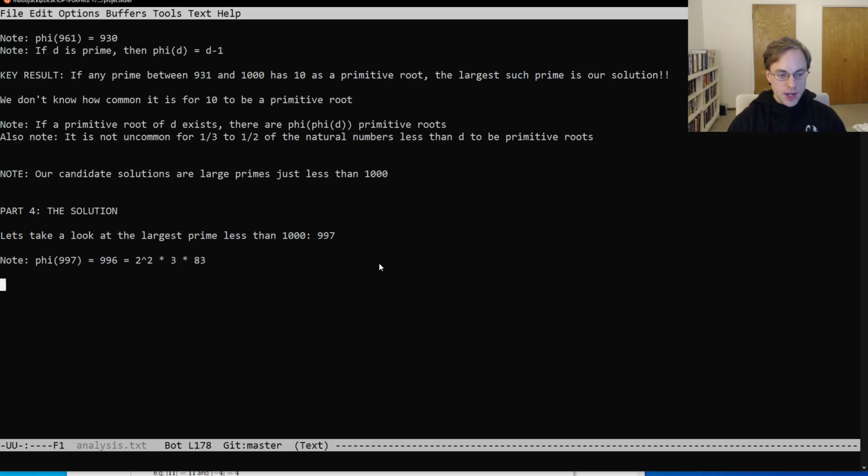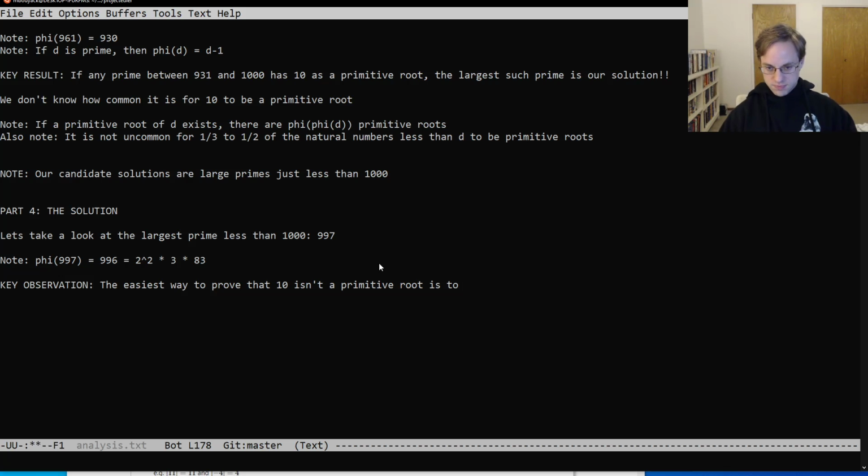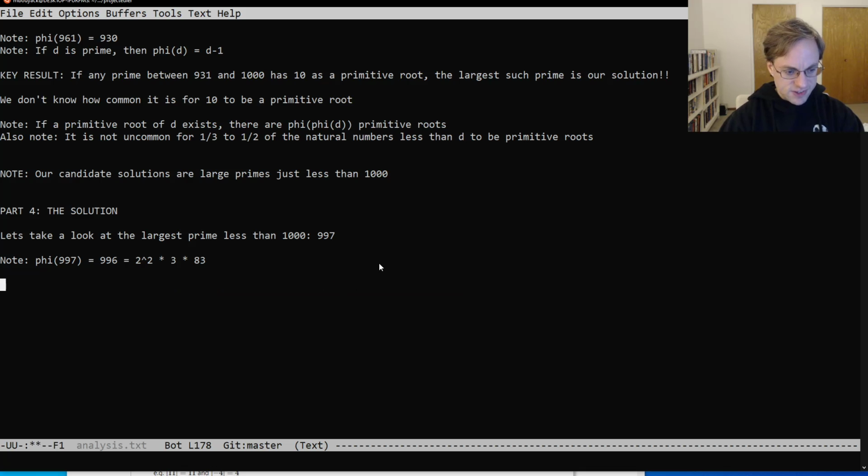Okay, so again, actually we'll just say key observation. The easiest way to prove that 10 isn't a primitive root is to actually let me state it this way.